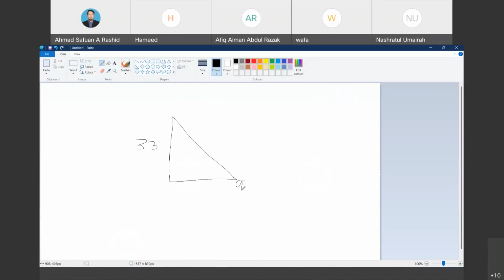Which is 9.81 times 3.3. So then we know the value for the stress at that level, 9.81 times 3.3. So we obtain 32.37. Okay, so that is the value for the stress.